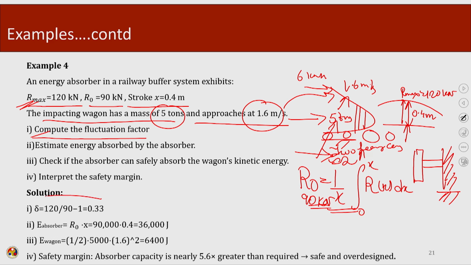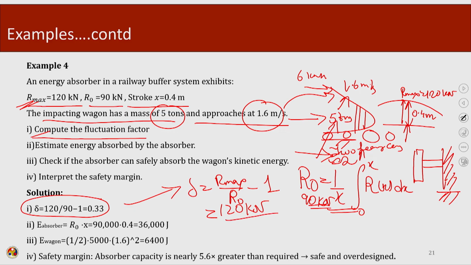The fluctuating factor, as we have seen, is nothing but the ratio of R max to R naught minus 1. R max, the maximum reaction force absorbed by the energy absorbing system, is 120 kilonewton, and the average reaction force is 90 kilonewton, minus 1.